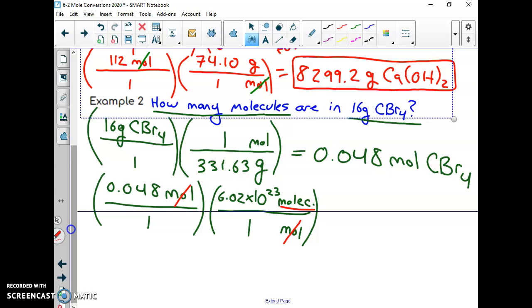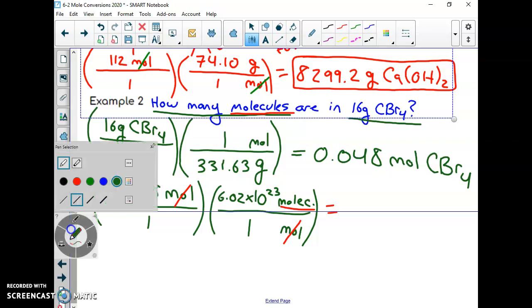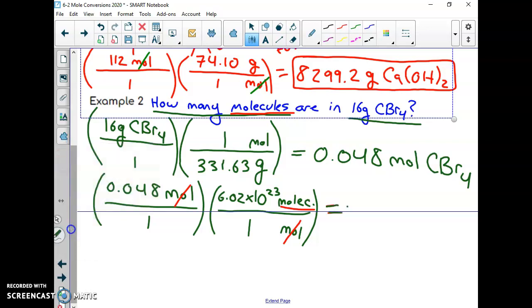We're left with the units that we are solving for, which is molecules. And if we multiply through 0.048 times 6.02 times 10 to the 23rd, we end up with 2.89 times 10 to the 22nd molecules of carbon tetrabromide, the CBr4.